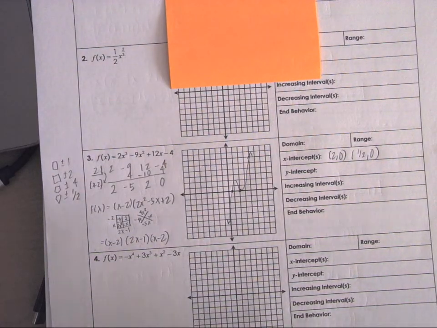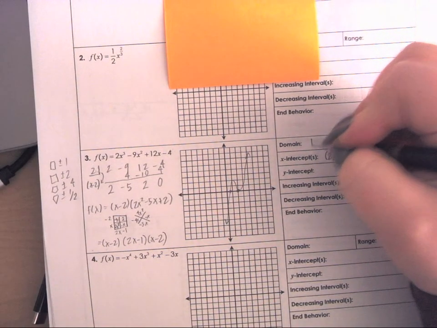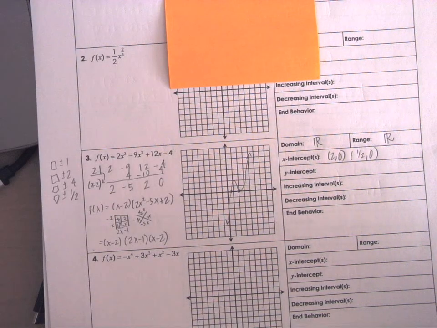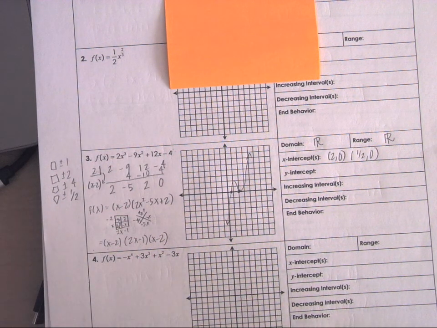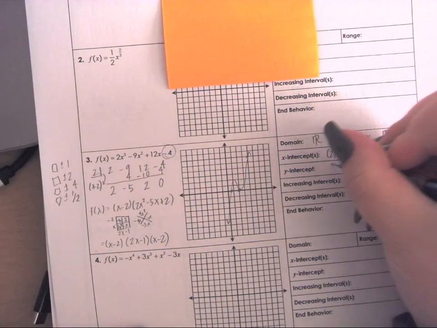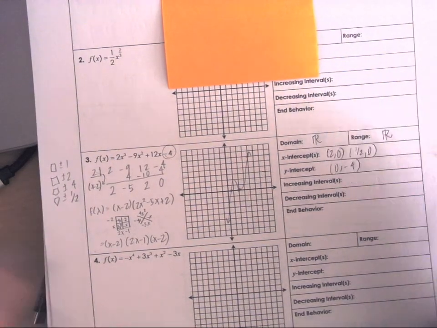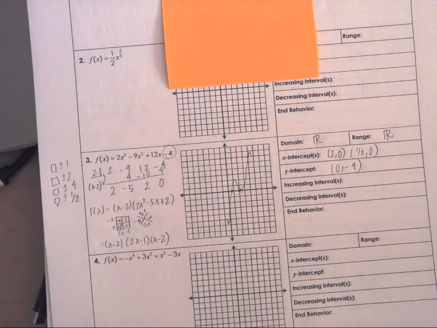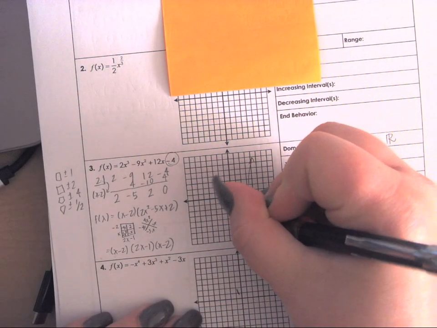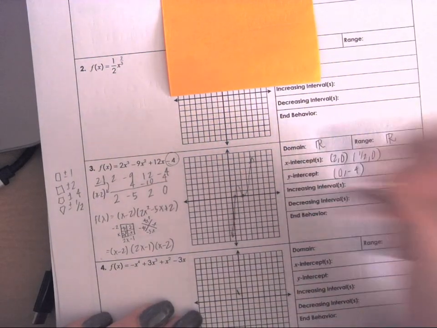So our domain is all real numbers, and our range is all real numbers. Our y-intercept is always your constant, so your y-intercept is (0, negative 4), which I should probably plot. So there we go.